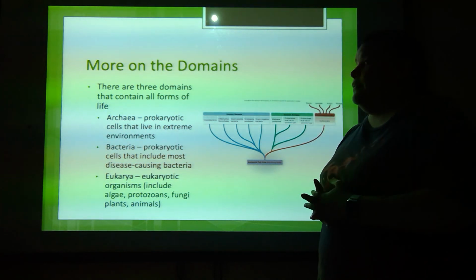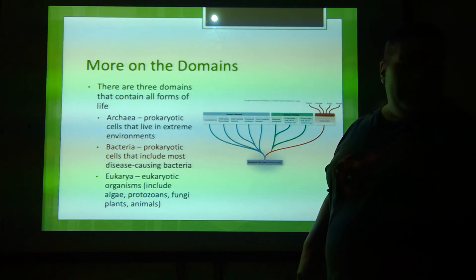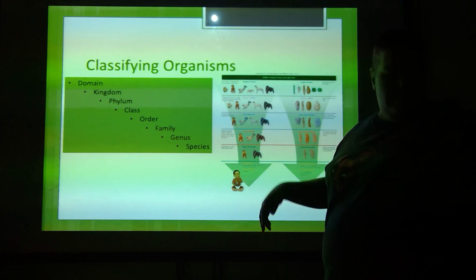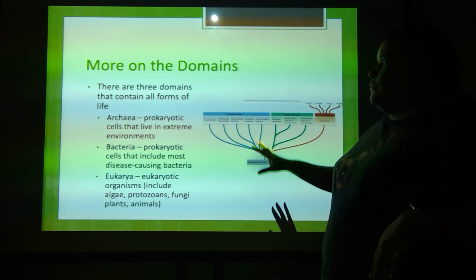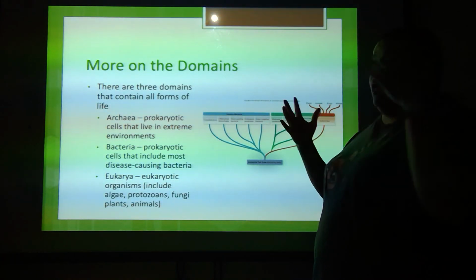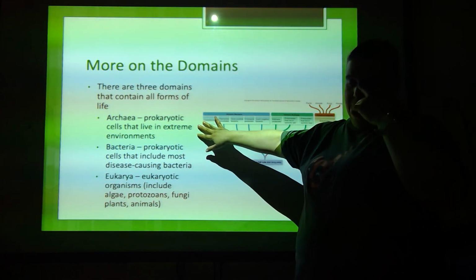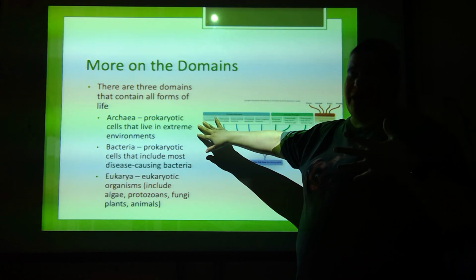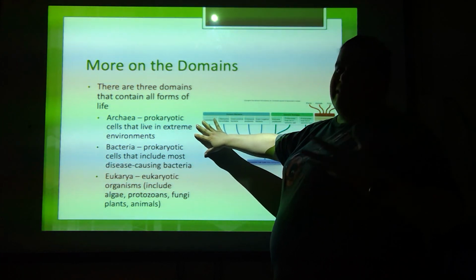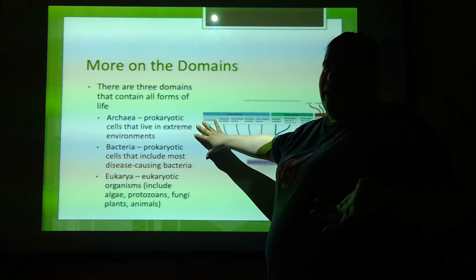So there are three domains. Remember, domain is the biggest umbrellas. Okay, so there are three domains that contain all life forms: archaea, prokaryotic cells that live in extreme environments. Like I said, these are also known as the extremophiles.